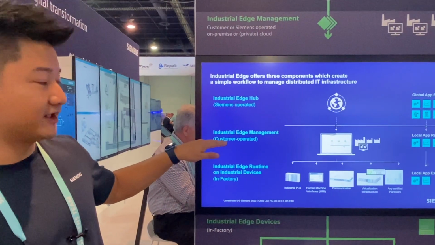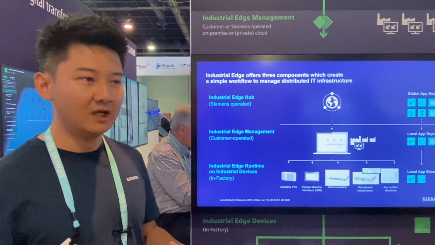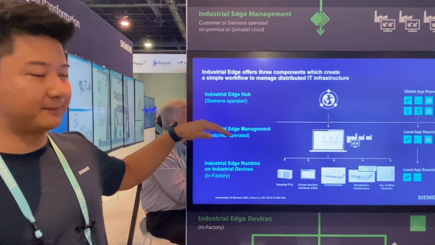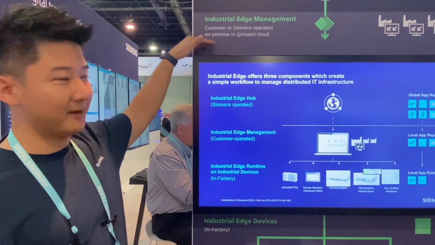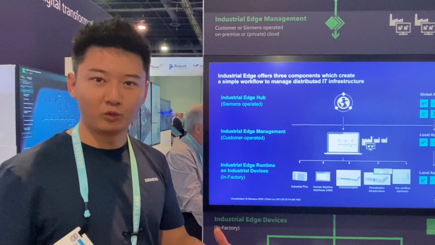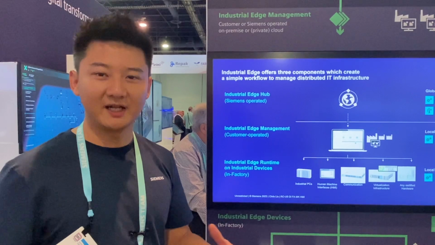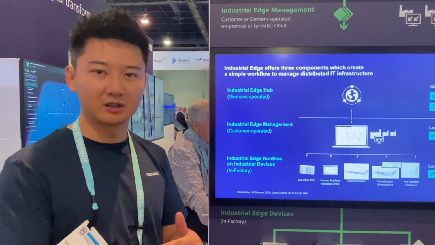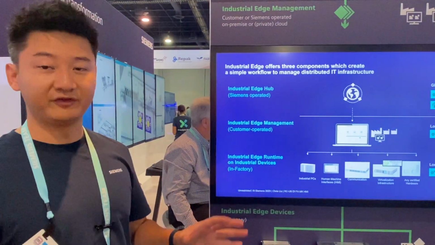The central layer is the Industrial Edge Management system. This management system can either be placed on-prem, in a virtual machine, or you can also run it in your Kubernetes cluster. So either on-prem or in your private cloud. Very flexible.